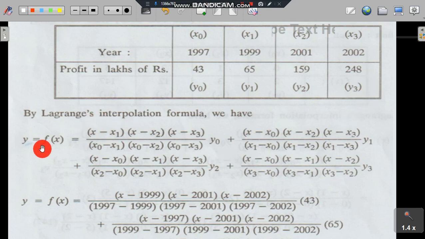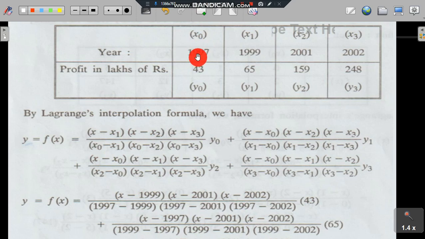Now in this formula, f of x equals x minus x1, so x minus 1999. Then x minus x2, where x2 value is 2001, so that is in the numerator. Then x minus x3, where x3 is 2002, so x minus 2002.